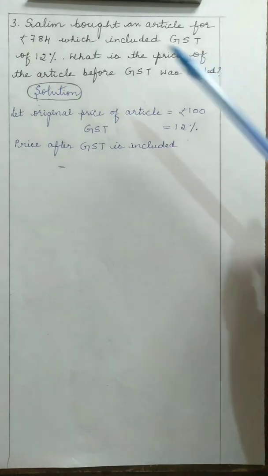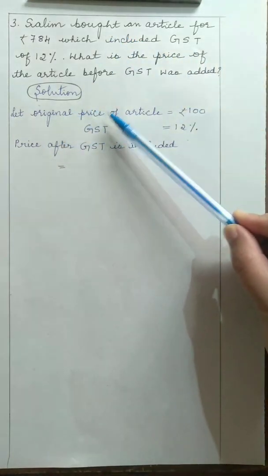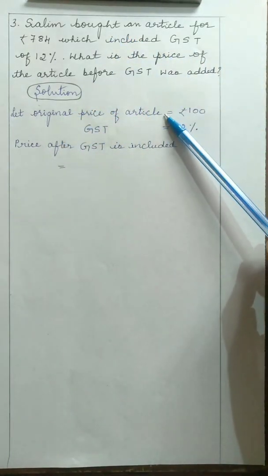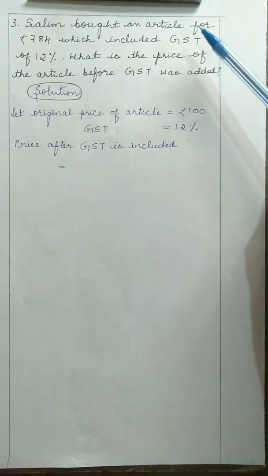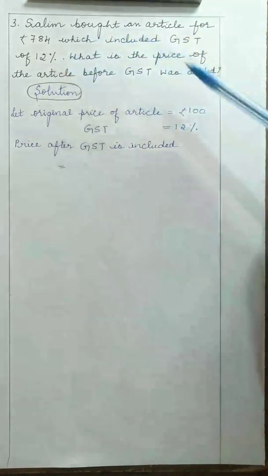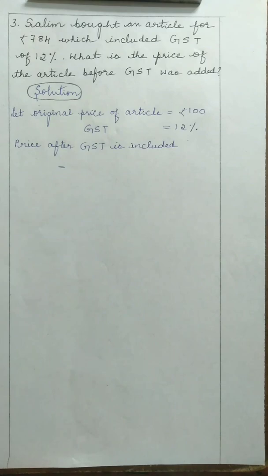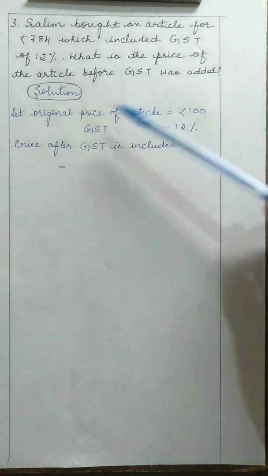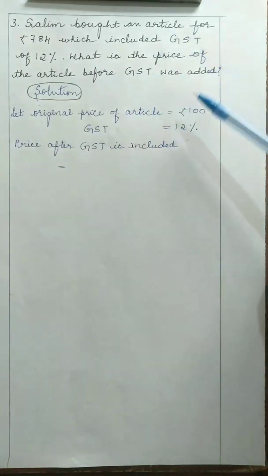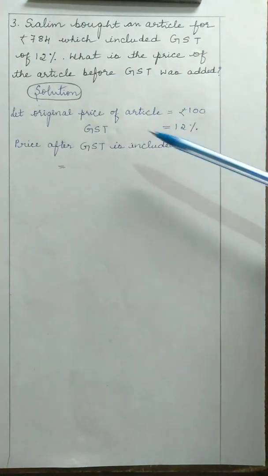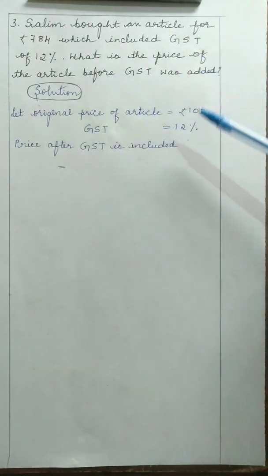That is, original price of the article let us consider as rupees 100. Now GST is given as 12%. That percent we need to convert into rupees. Therefore, for the original price we shall consider rupees 100, GST will be 12%. Now we shall calculate the price after GST is included.